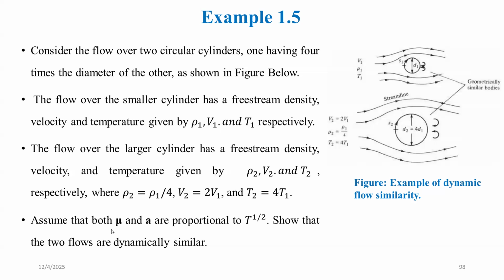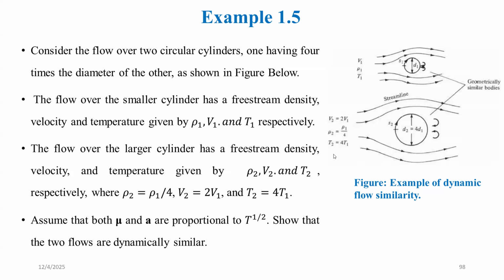Assuming that the viscosity and the sonic speed are proportional to the square root of temperature. Okay, because the sonic speed is equal to the square root of γRT, and γ and the gas constant R are the same, so we are left with the square root of T only.